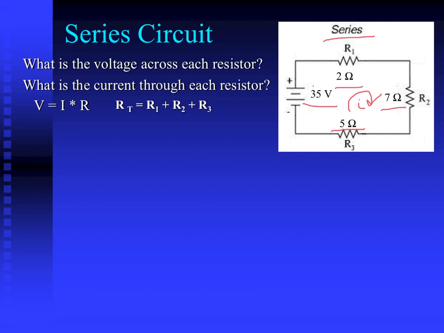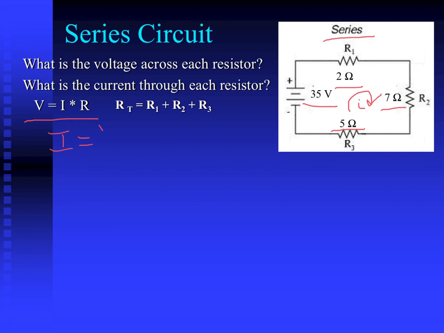Now, remembering Ohm's law, voltage equals current times resistance. In order to calculate the current, we're going to need the total resistance in the circuit, so we can divide that into the voltage to get the current.